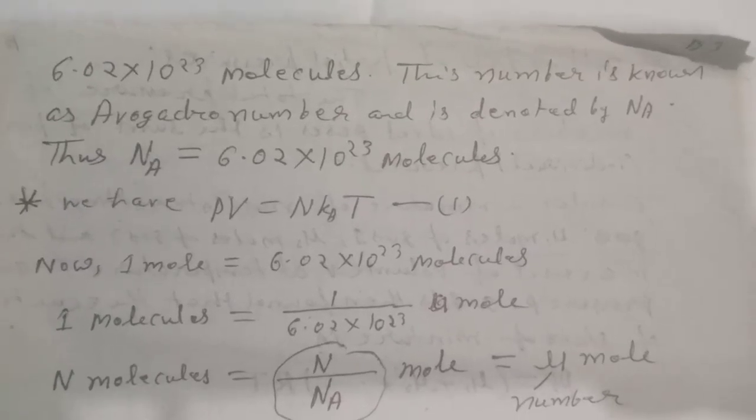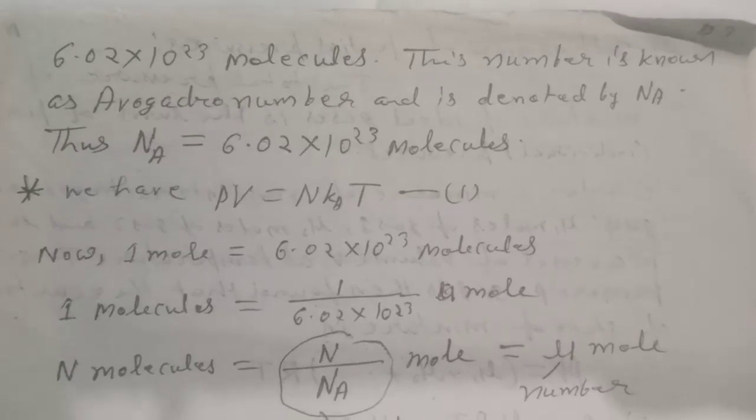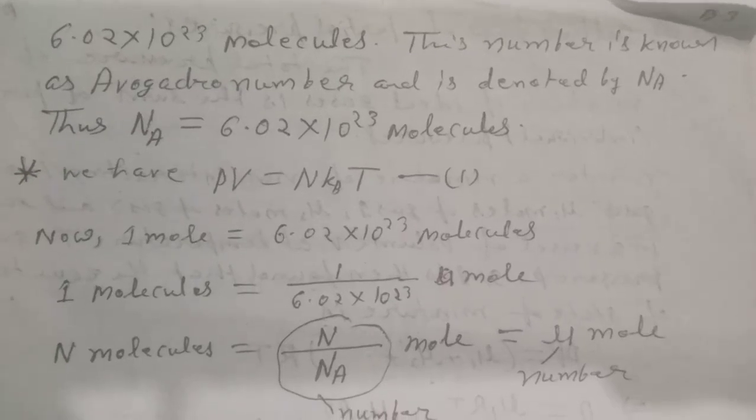This number is known as Avogadro's number and is denoted by N_A. Thus, N_A equals 6.02 x 10^23 molecules.